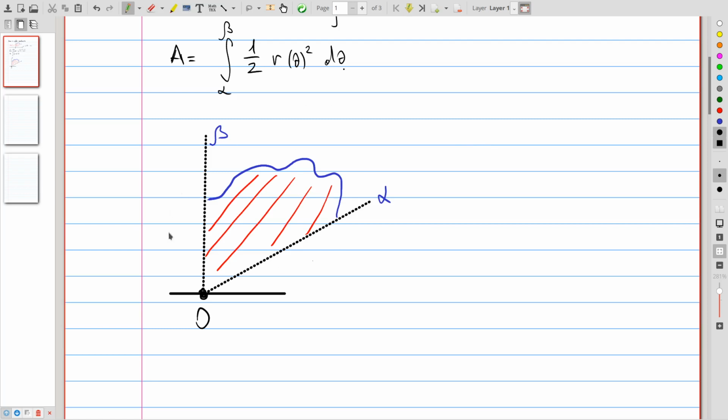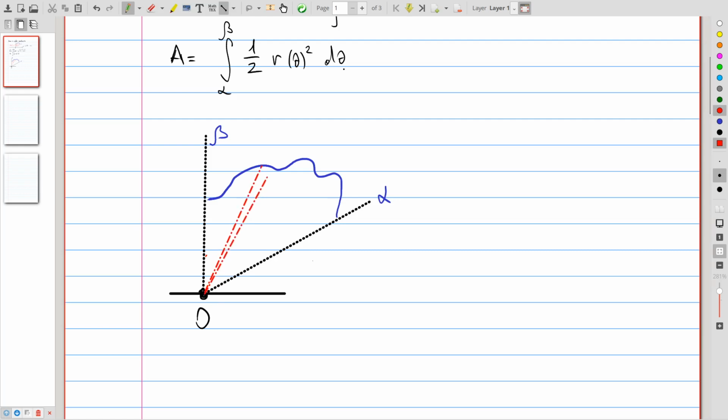Now, for the polar coordinate system, the element of area consists of pieces like this. So the pieces we have here look like so.